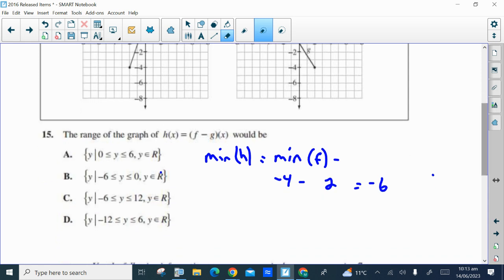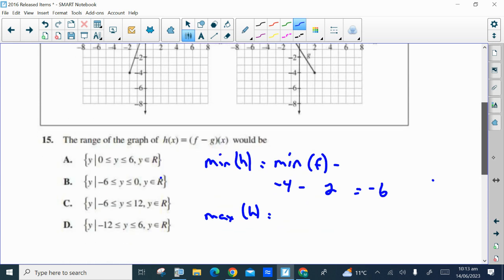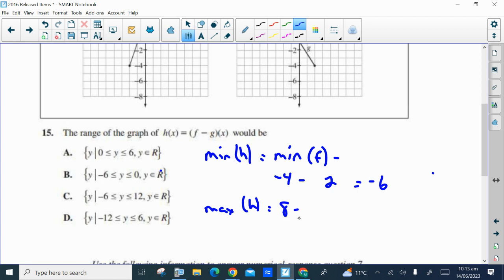So the minimum value of h will be found by going -4 take away 2, and the maximum value of h will be found by taking the maximum value of f, which is 8, and subtracting the minimum value of g of -4, because the minus minus will become a plus positive. So the range will go from -6 to +12. And that's why C is the correct answer.